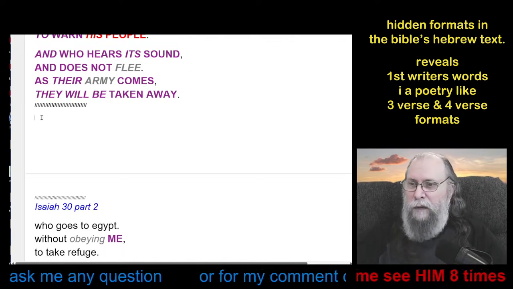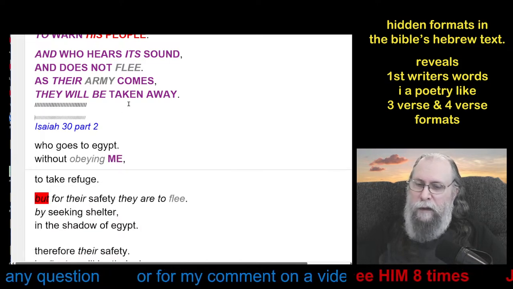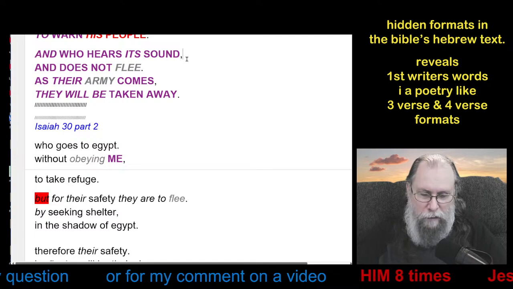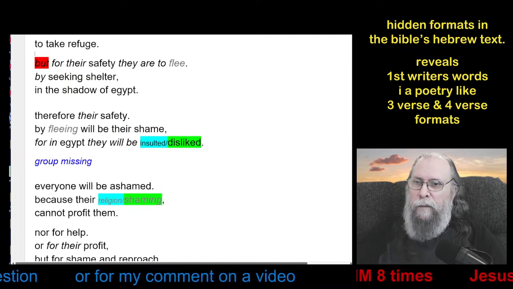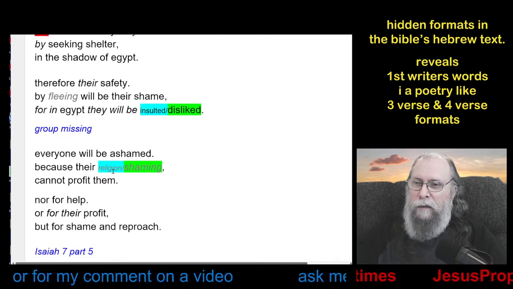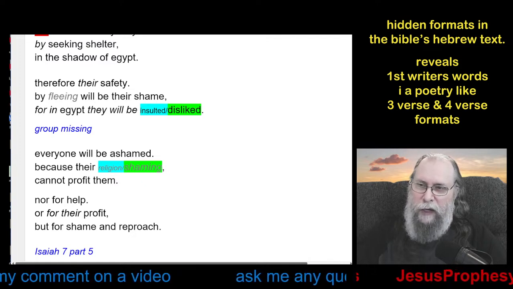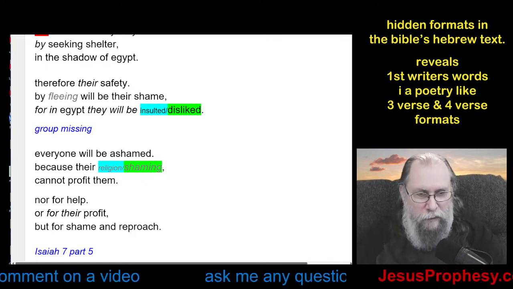Now, something like this should clean up right here. Insulted to disliked. Religion to shaming. And you can see that it was a word that I added, so it should have been in yellow.